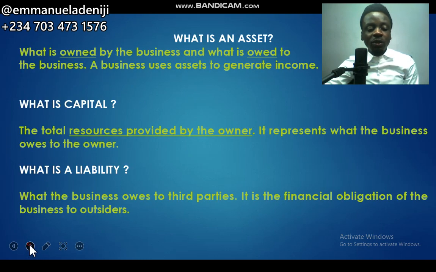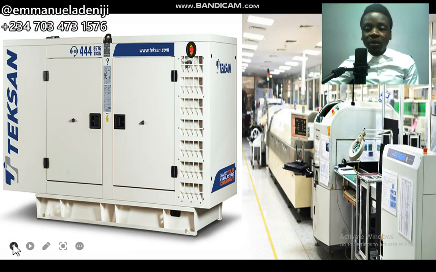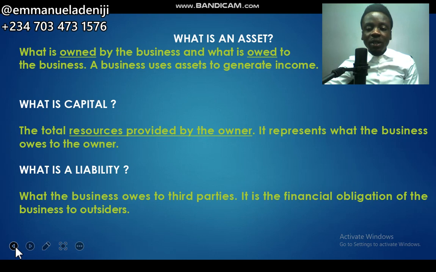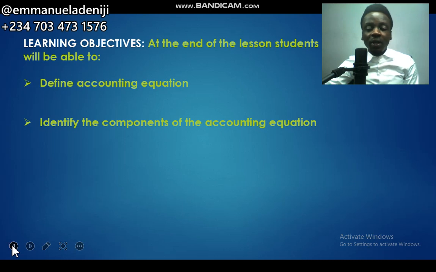I showed you some of the resources of the business, the assets with which the business runs, what belongs to the business, or what is owed to the business. The firm does business with assets. I also said the liabilities are the value of what the business owes to third parties, and capital is the owner's investment in the business.